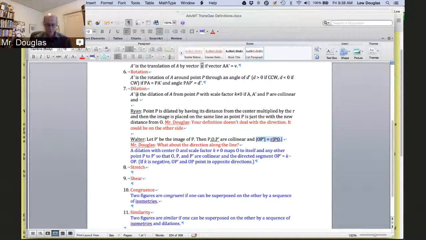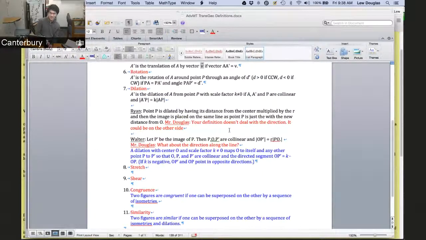So the length of A prime P is K times the length of AP, right? Okay, and now what do we do? We're not finished. Oh, and then you just take Henry's parentheses thing and then copy it over. Oh, okay. Fair enough.